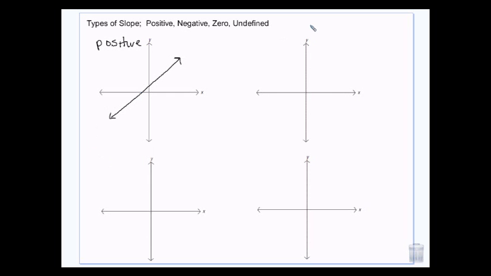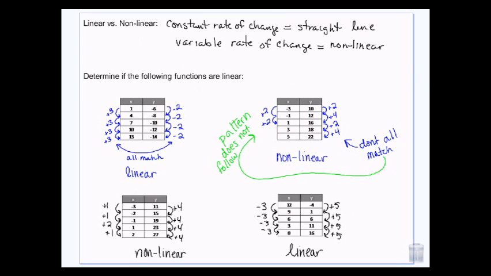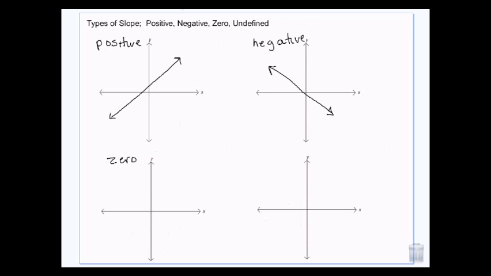If we have a negative, it moves down. 0 slope is flat. Oops, that's not the right arrow. What if it's a vertical? Huh? Oh, that's why. I can't make a flat line apparently. Flat. And then if I have undefined, it is straight up and down.